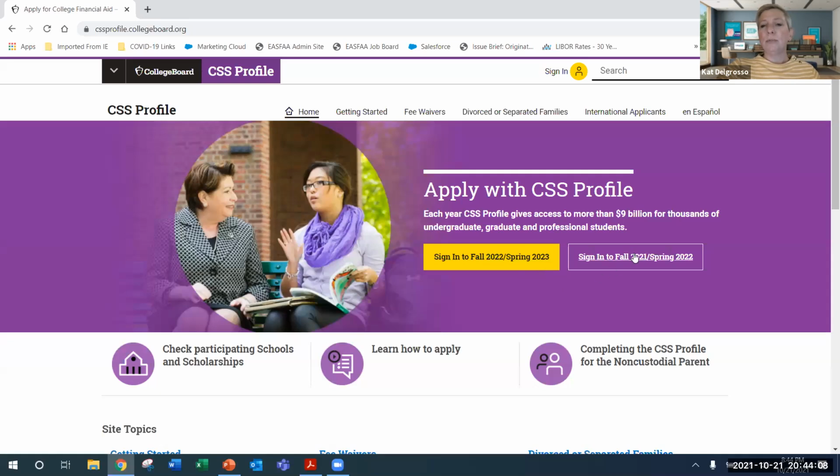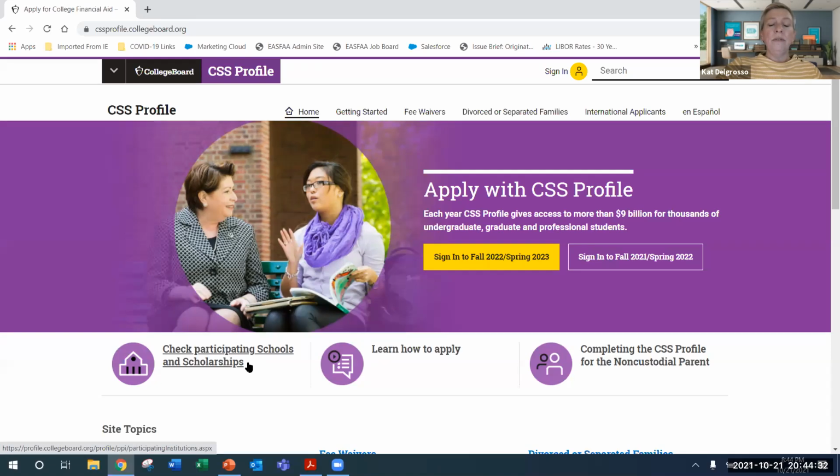Just keep in mind, they're putting both school years on here because they have applicants who are still applying for the current year that we are in right now, for the fall of 21 and the spring of 22. But for you folks on this line who are heading into college for the first time, it's this big yellow button there for you.